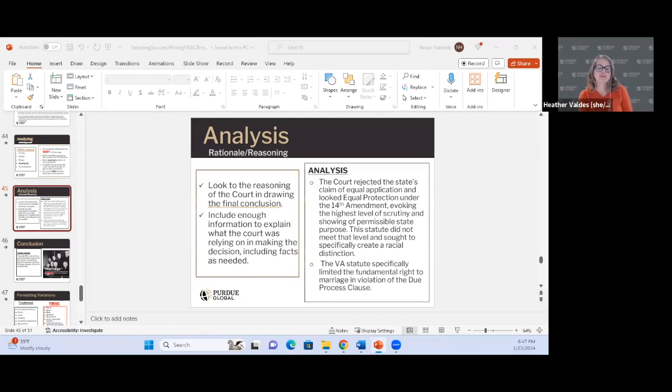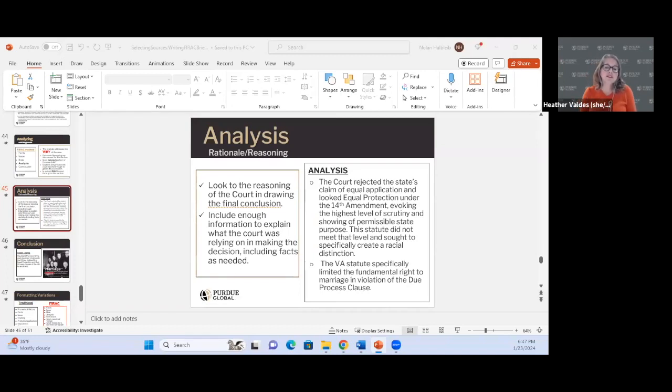Sure. So the analysis section is where it all comes together. You explain the path that the court took to get to that conclusion. So in this section, you have to have enough information so that when you reflect and you read your case brief, that you understand that process and you could walk through that process, do that application for whatever your client case on point that you need this case for.